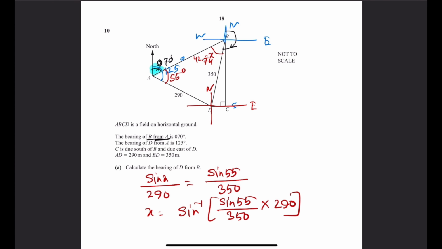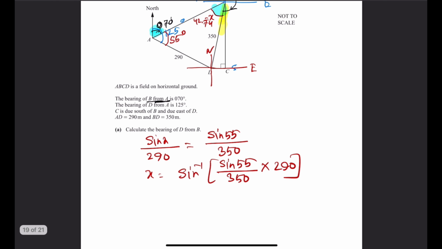Okay, achieved sine inverse answer. This angle is 70, so this complete angle is also 70 because these two angles are alternate angles. Now this smaller part will be 70 minus 42.74.